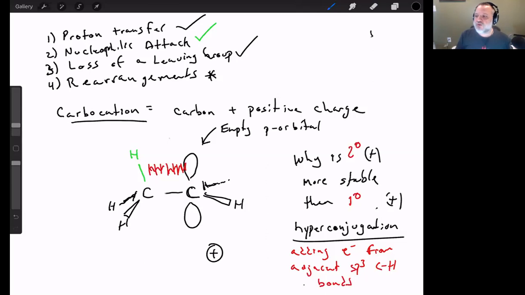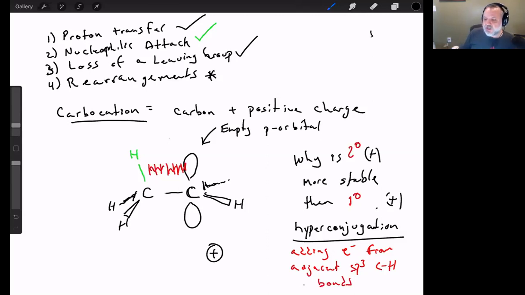Rank them in order of increasing stability. Why is the most stable cation more stable than the least stable? And so you might invoke the idea that I've picked the tertiary cation as being the most stable. It's the most stable due to hyperconjugation. And that's about as much in Organic Chemistry 1 as I'd ask from you. In Organic Chemistry 2, I might actually ask you to draw the diagram that I'm drawing.